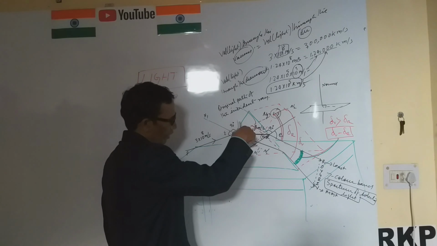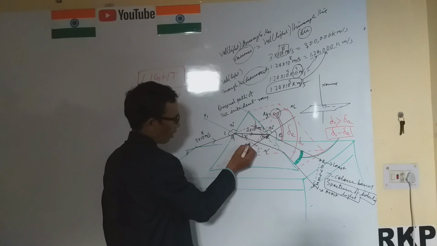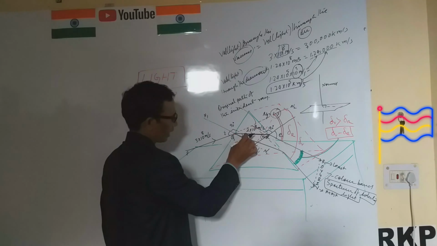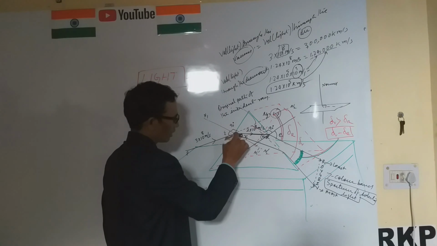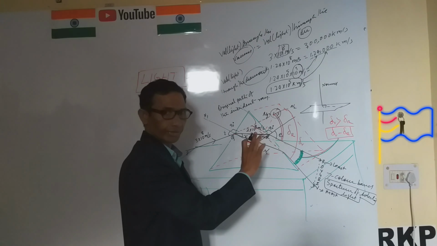It deviates toward the normal like this. This is the deviation angle, and this is the normal, and r1 is the angle of refraction on the first surface. And this is the dispersion. Here is the dispersion of light.